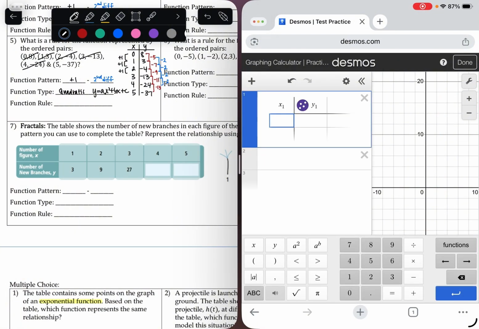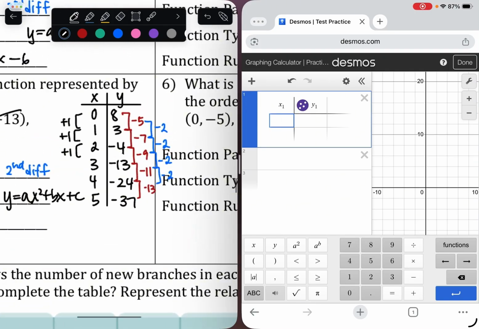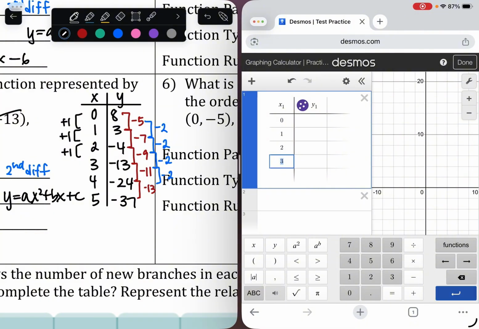Okay, so now adding my table. And then right in the blue to the left of the table at the top is that line with dots on each side.